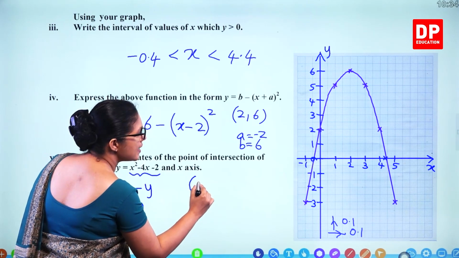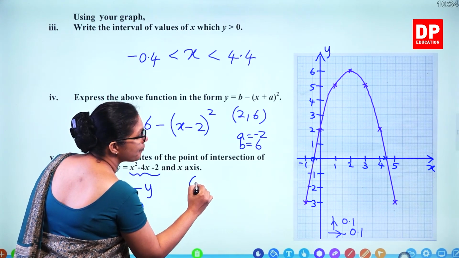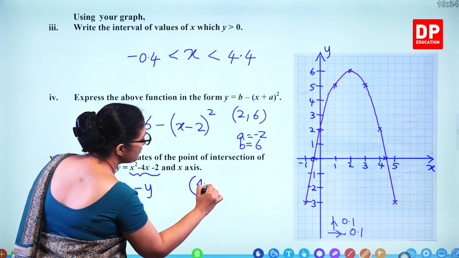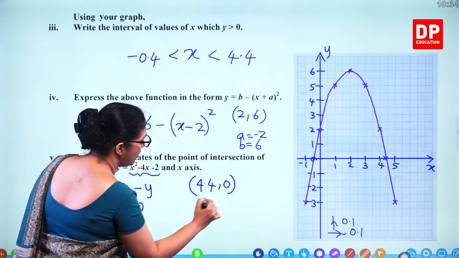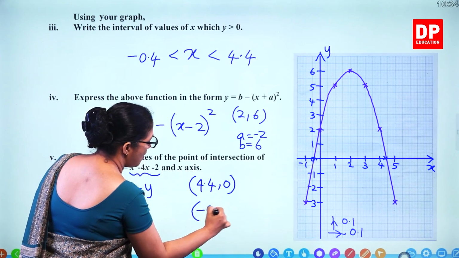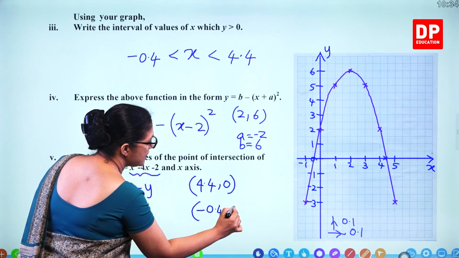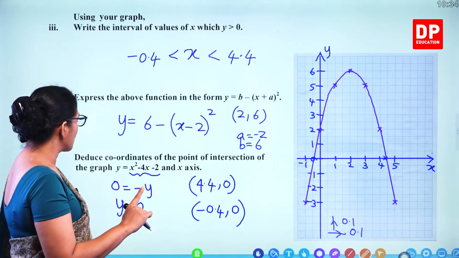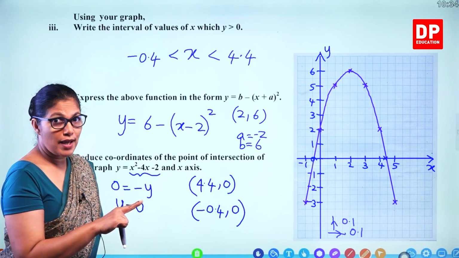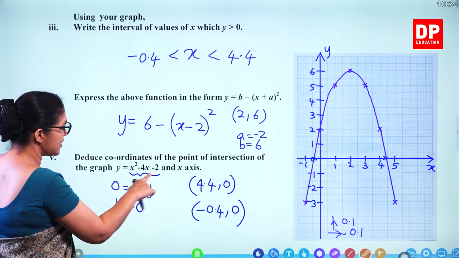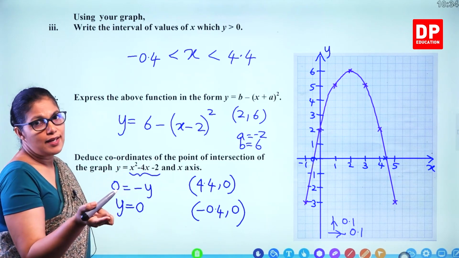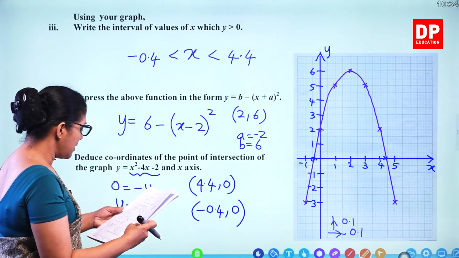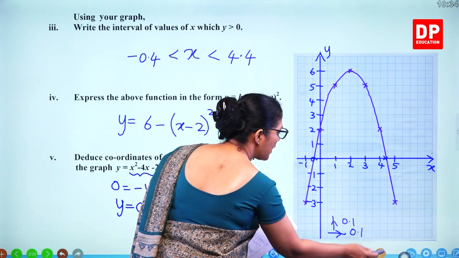So the coordinates are 4.4, 0, and the other point is minus 0.4 and 0. So deduce coordinates of the point of intersection of the graph. Same graph you can use because this is minus. When you take it to the other side, you get the same answer, 0. So those are the answers. So we'll see how many marks for each step.